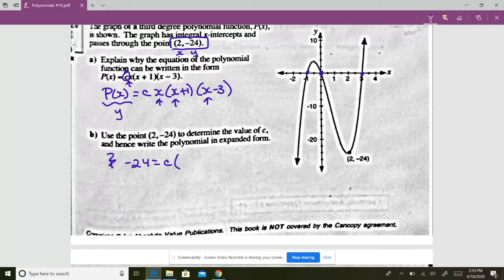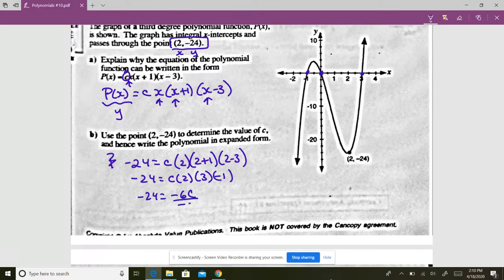C, put in my x, 2, 2 plus 1, 2 minus 3. C, 2, 2 plus 1 is 3, 2 minus 3 is -1. 2 times 3 is 6 times -1, so I get -24 is equal to -6c.